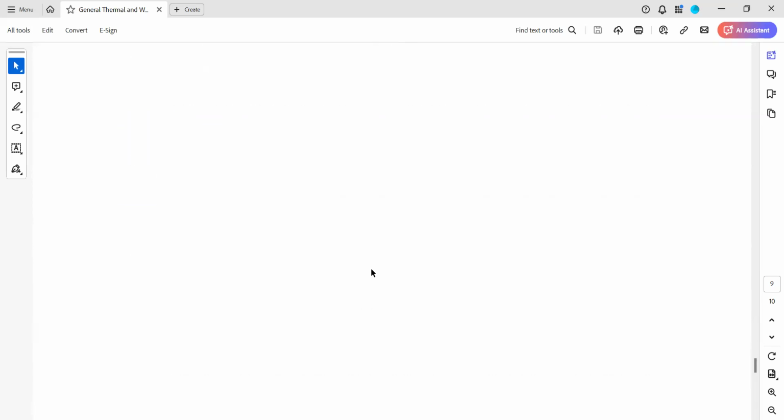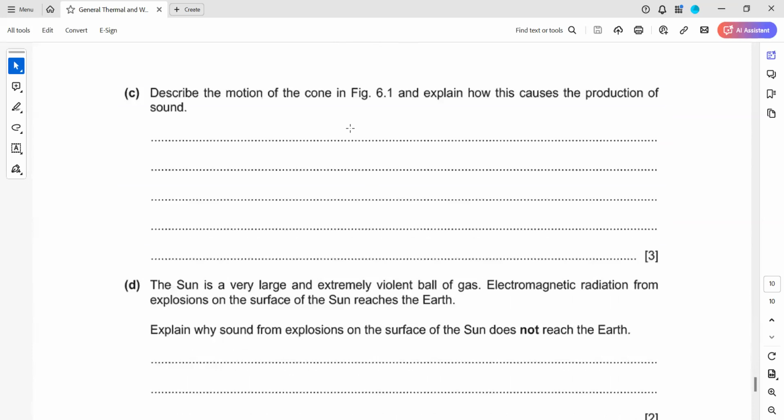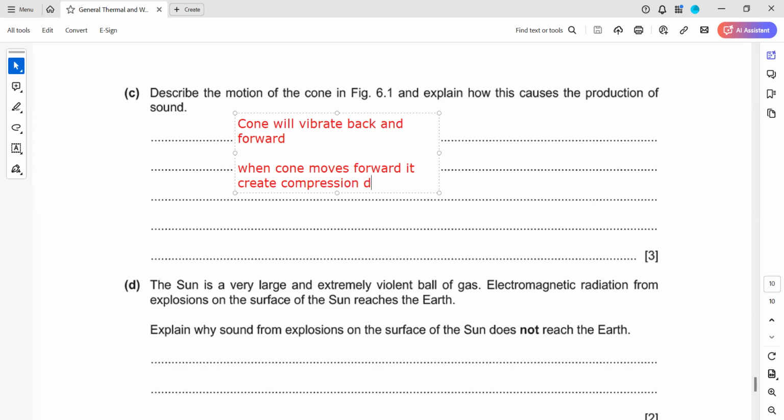So how the marks are distributed for this part, 3 marks are there. You'll mention the cone will vibrate backward and forward. And when the cone moves forward, it creates compression due to high pressure.